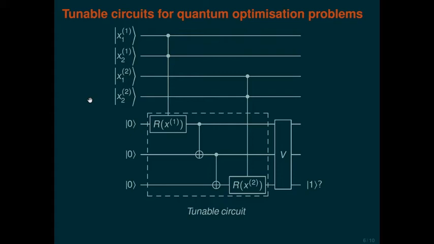And you hope that this circuit does something that you want. There's a verifying circuit at the end, which kind of tests whether the quantum state that you prepared is a good quantum state for your purposes, and outputs 1 if it's a good quantum state. So this is kind of a benchmark, and this is the algorithm that you want to fine-tune.